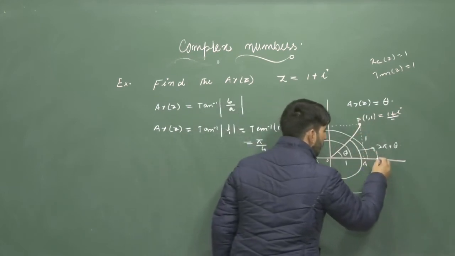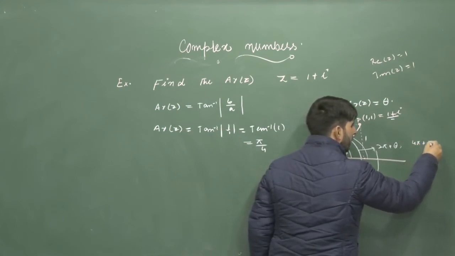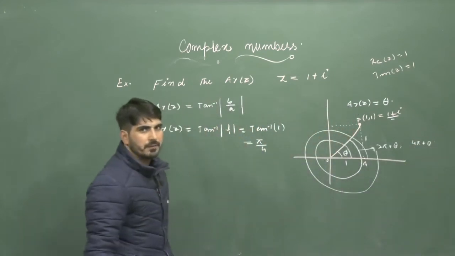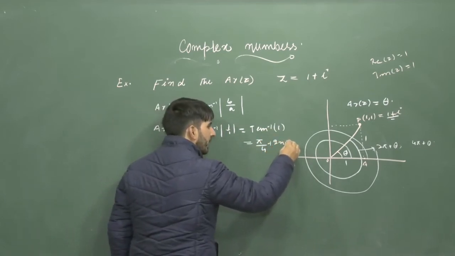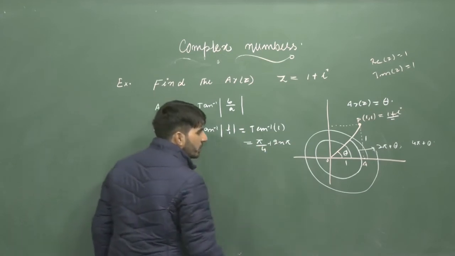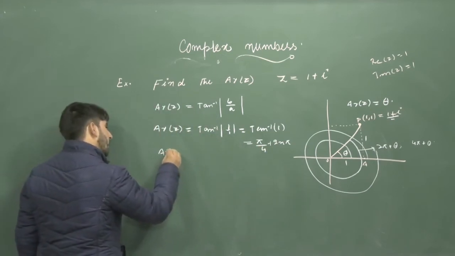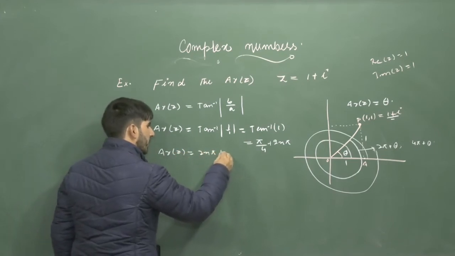That is 4 pi plus theta, also the argument of this complex number. Thus, we can add here 2n pi. So, pi by 4 plus 2n pi is the argument of this complex number, 2n pi plus pi by 4.